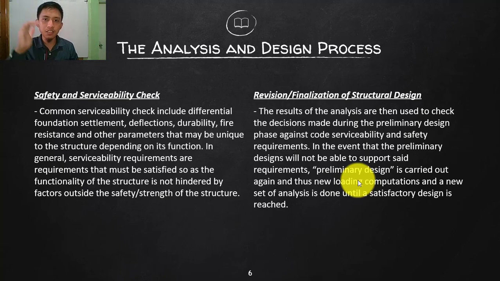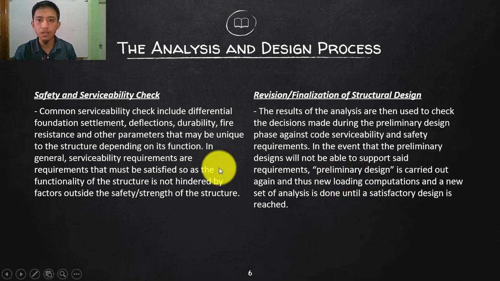And this subject, Theory 1, is actually the start of that structural analysis. We are going to learn how to analyze structures, different types of structures. The results of the analysis are then used to check the decisions made during the preliminary design phase against code serviceability and safety requirements.